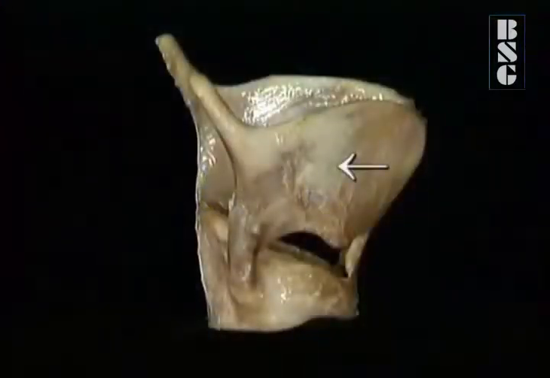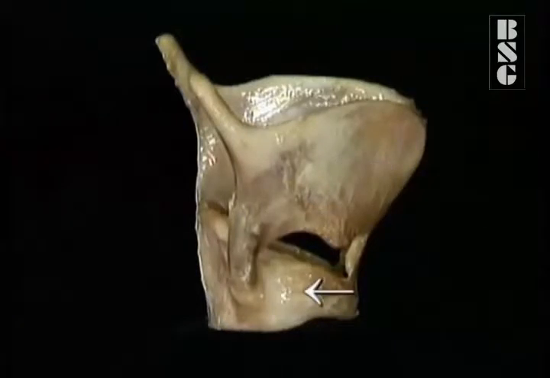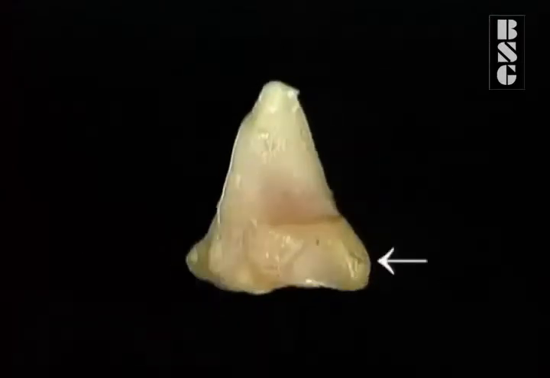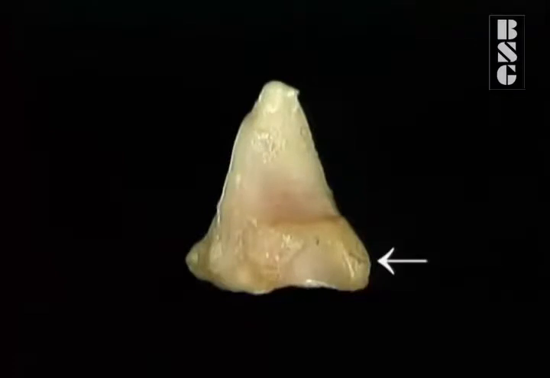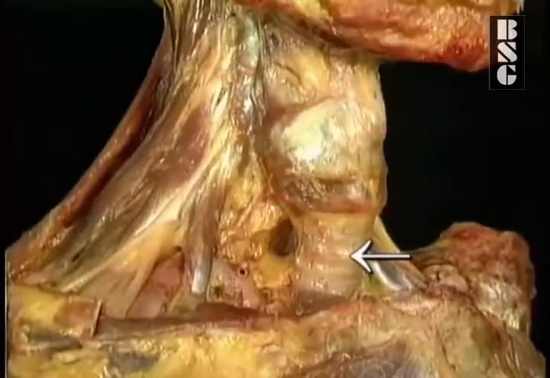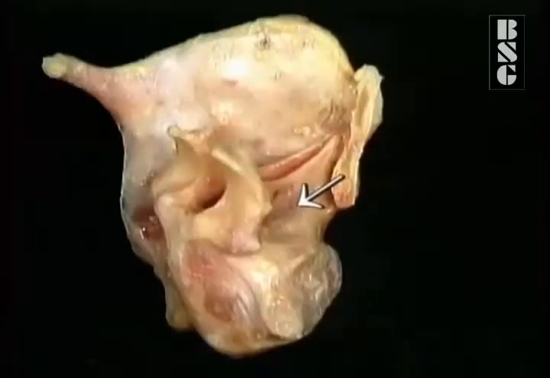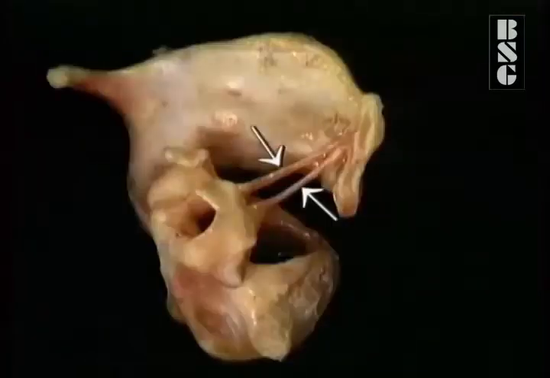Here's the thyroid cartilage. Here's the cricoid cartilage. Here's the arytenoid cartilage with its colliculus, vocal process, and muscular process. Here's the trachea. Here's the cricothyroid ligament. Here's the conus elasticus. Here are the vocal ligaments.